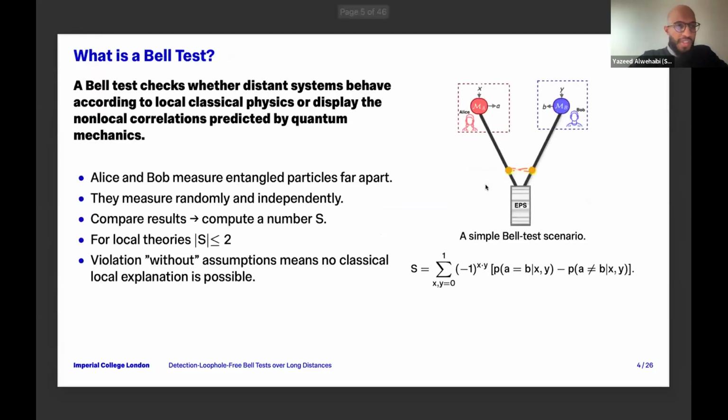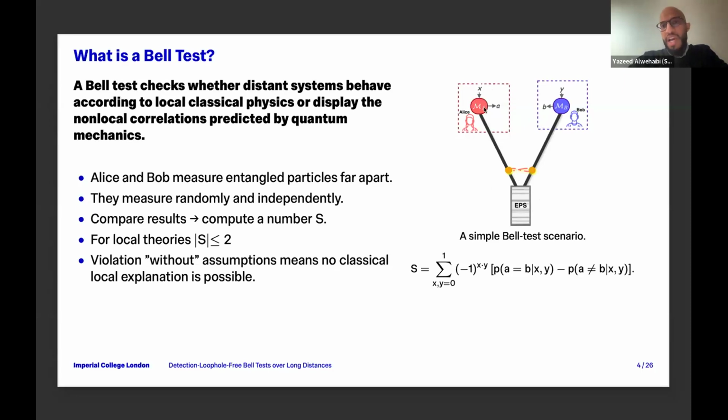Okay. So, first, a Bell test is basically an experiment which checks whether distant systems behave according to local classical physics or display the non-local correlations predicted by quantum mechanics. For example, if we have an entangled photon source which emits two photons that are entangled, and we send one photon to each of the distant parties labeled Alice and Bob, then Alice and Bob will perform local measurements on these particles, and they will choose their measurement settings randomly and independently, labeled here by X and Y in this figure.